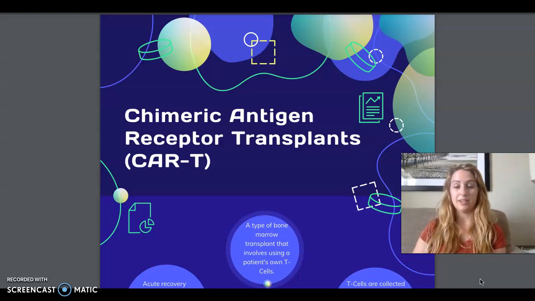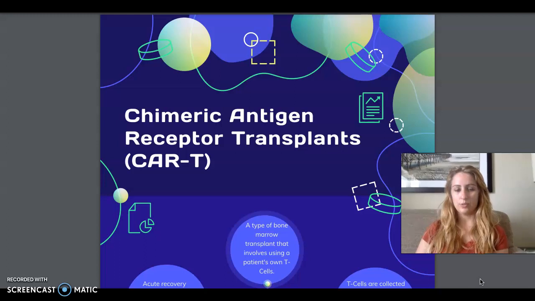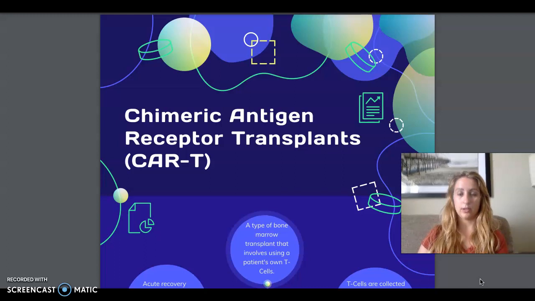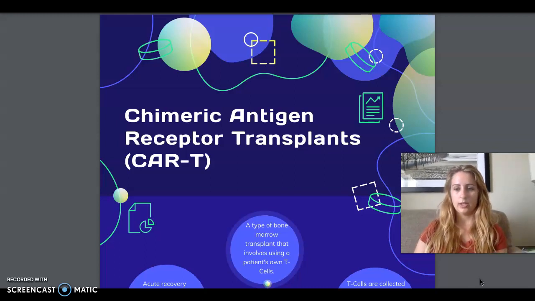We are very happy to have you guys, and we have put together some useful information through a course, like an orientation course for you, because bone marrow transplant is such a specific form of care. It's very complex in nature, and we're going to review lots of different things, but this particular unit of instruction is about CAR T transplants.